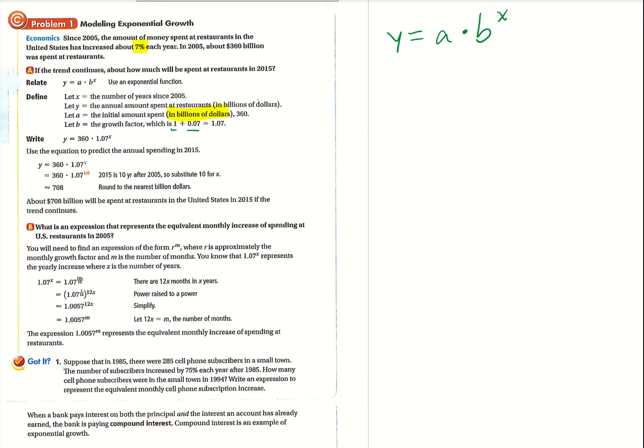So if we go ahead and write that out, we have y equals 360 times 1.07 to the power of 10, because we're trying to figure out 2015, so that'll be 10 years down the line.